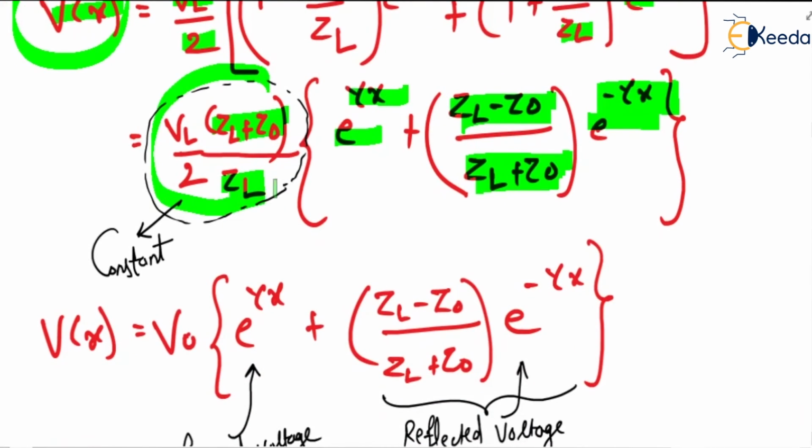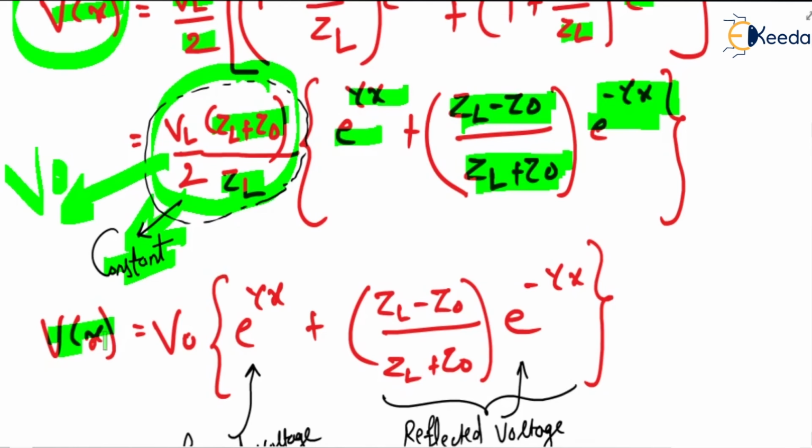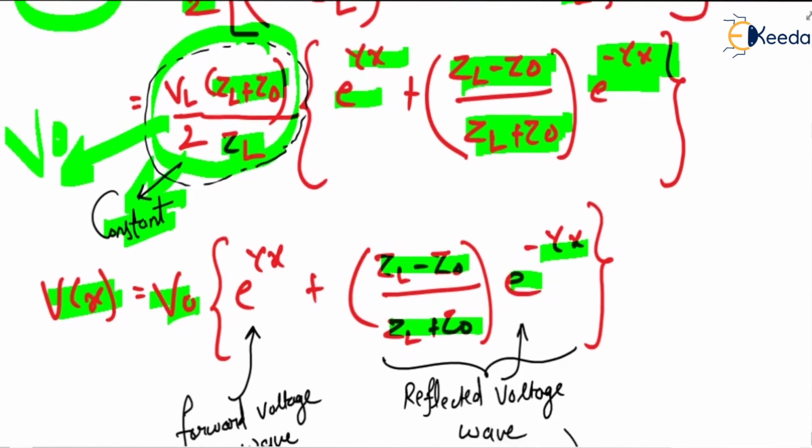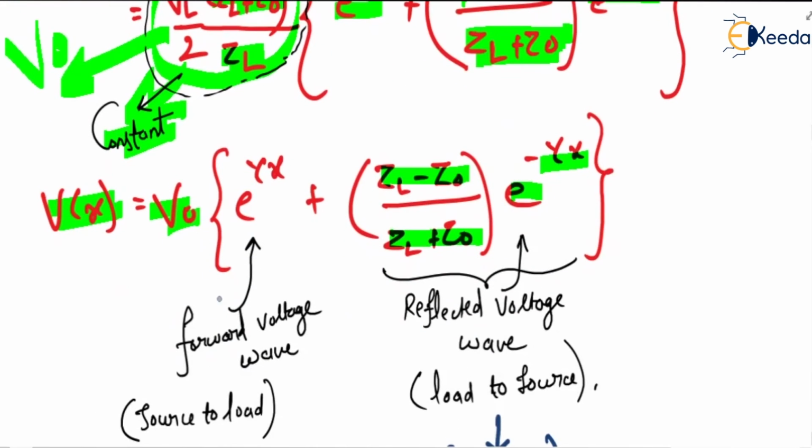And this is again a constant, which we take as V naught. So Vx is equal to V naught [e to the power gamma x plus (ZL minus Z naught) upon (ZL plus Z naught) e to the power minus gamma x].